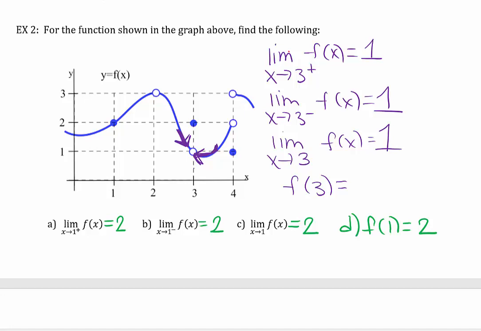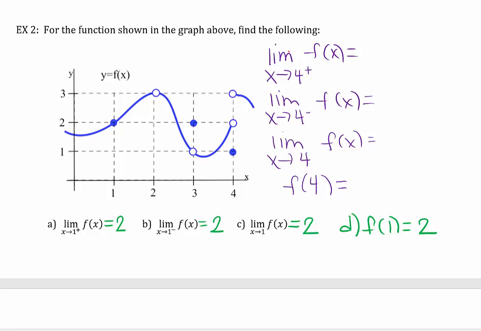However, at x equal 3, if you actually find the point with an x value of 3, it's up here. It has a y value of 2. Again, notice that the function value doesn't impact the limit. The function value tells you where the point is. The limit tells you where the curve is, what happens when you're close to that point.